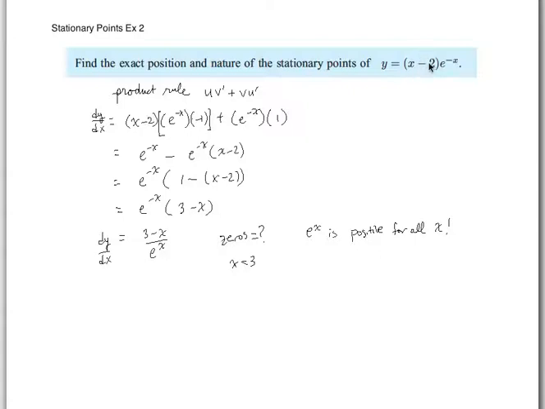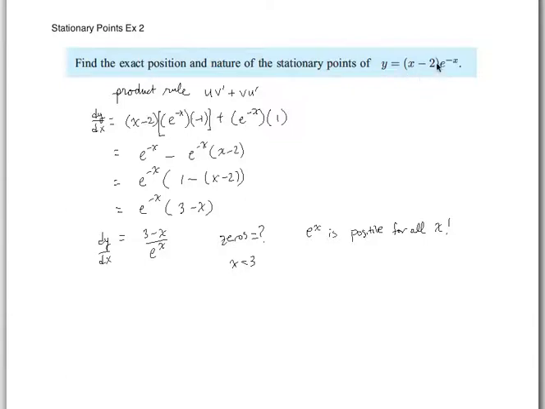All right, so let's see. We need to first find the derivative of this, and we can do that by taking the product rule. Okay, u v prime plus v u prime. And dy dx would be equal to the first, u.